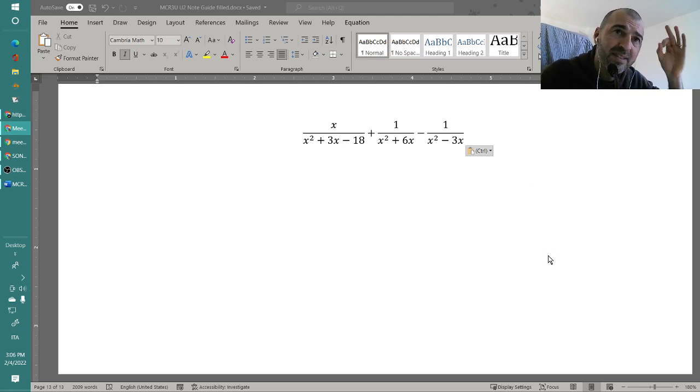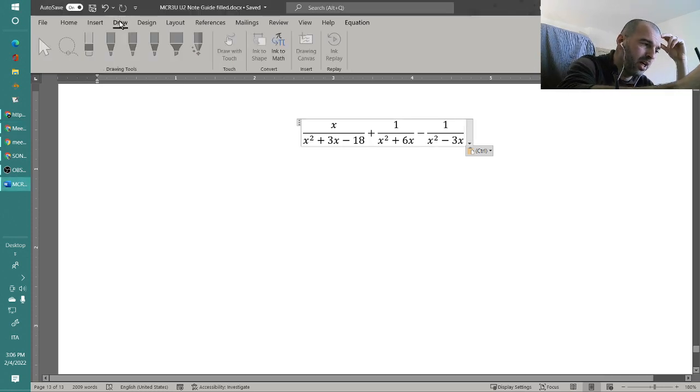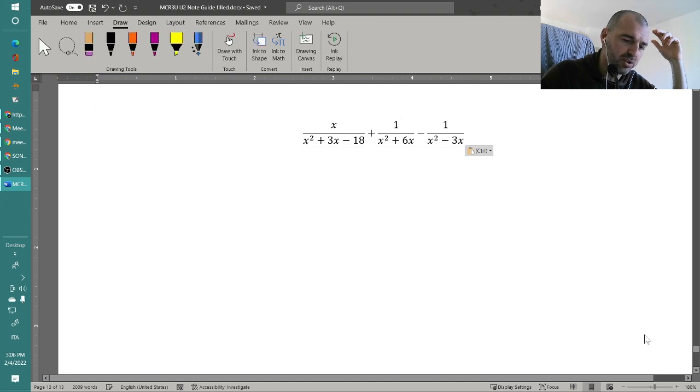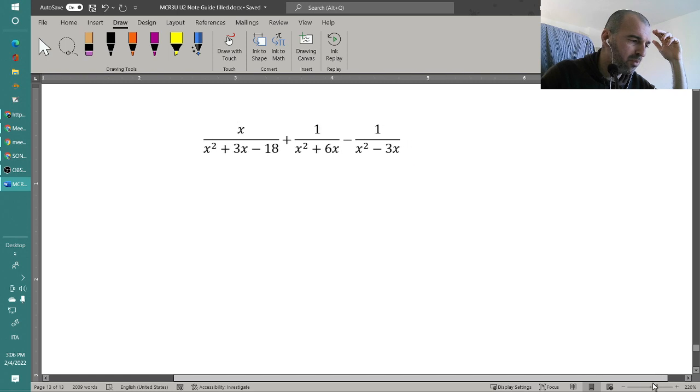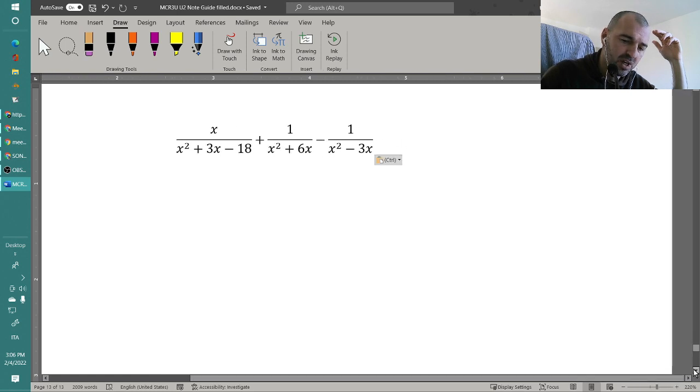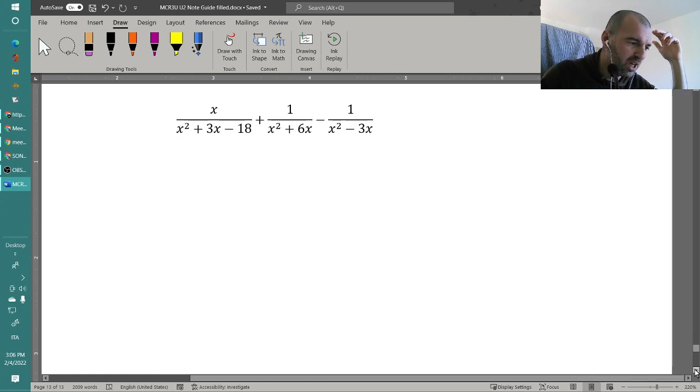Basically, y'all had some questions about how to do these additions and subtractions. Hopefully everybody in the meeting can see that I've got a really big rational expression here.